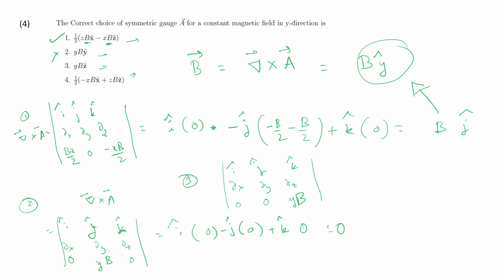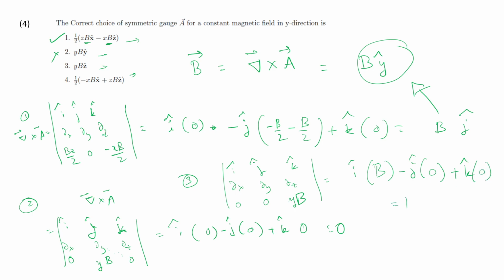For i cap, the partial derivative of yb with respect to y is nothing but b, minus j cap gives 0, plus k cap also gives 0.